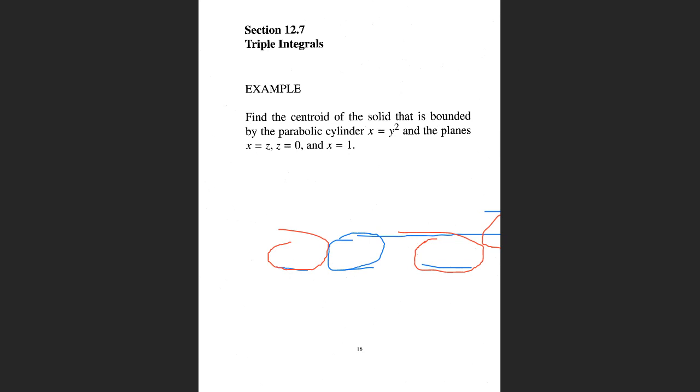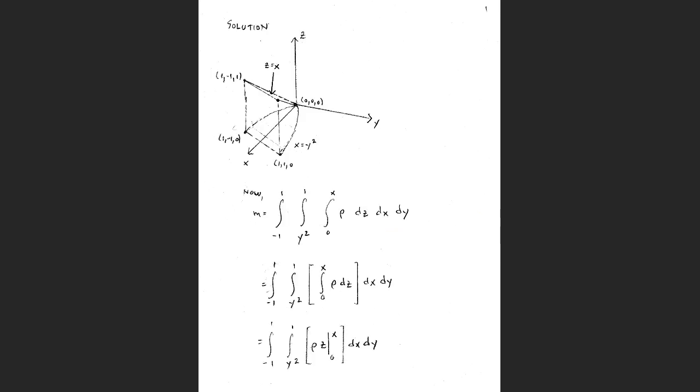Okay. So let's go here to the solution, and here's a picture. The x equals y squared is a parabola in the xy plane, but then in three-dimensional space, it's a parabola that goes up and down forever.